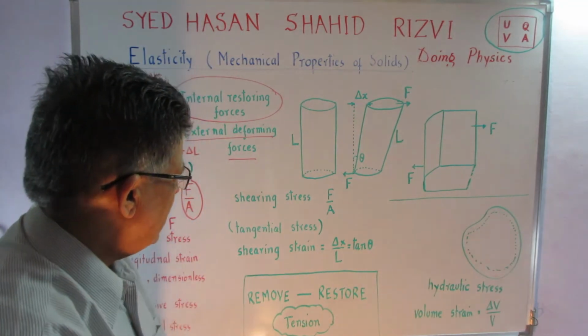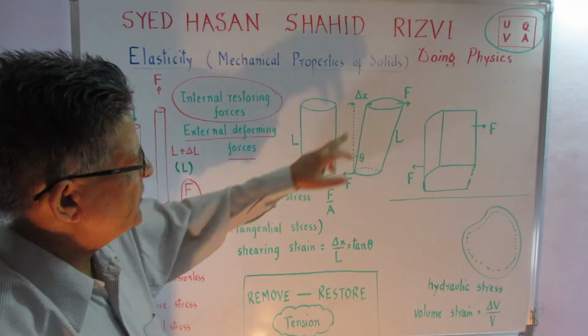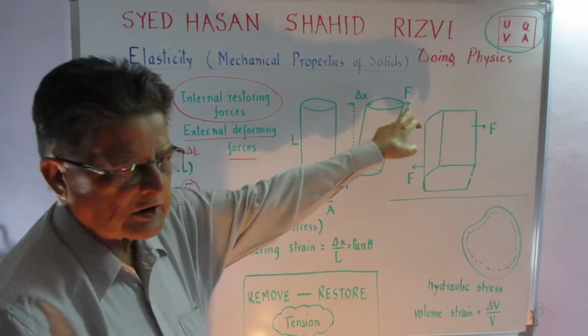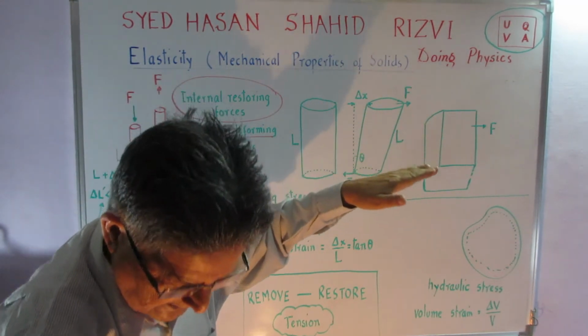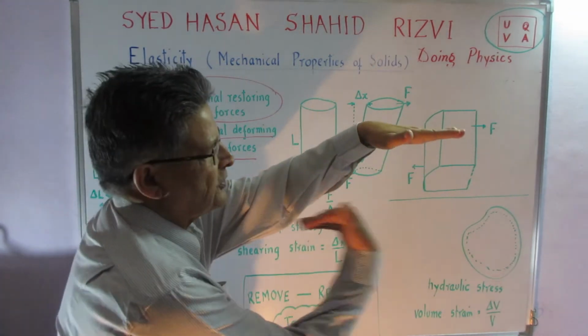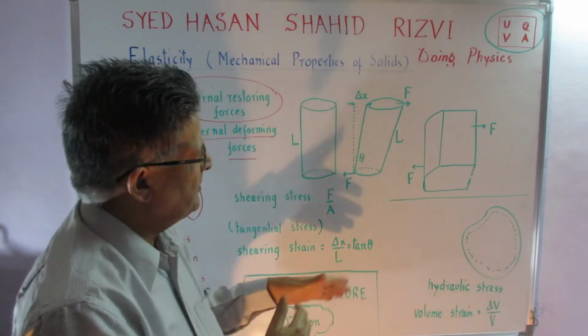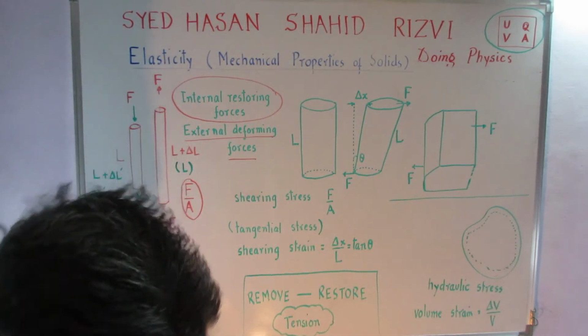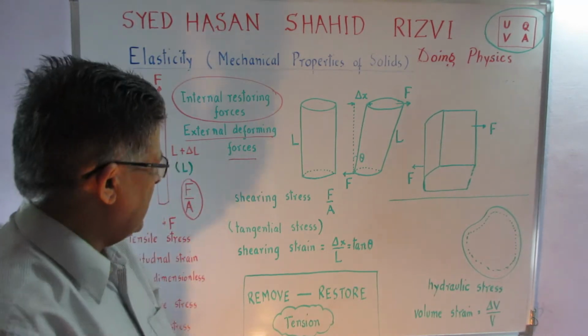So this stress which is applied because of the pair of forces at the bottom and at the top, it's like this: the force is going like this, the other force is coming like this, and in between the cylinder goes some deformation, some kind of stress is developed.